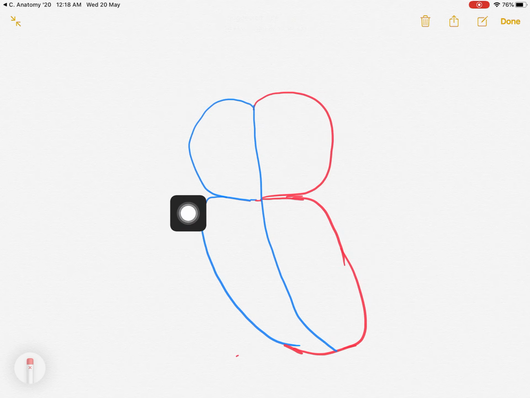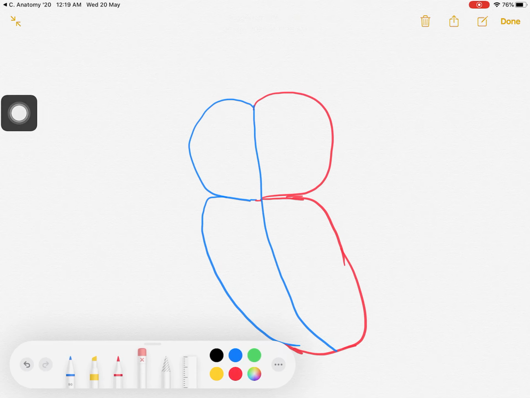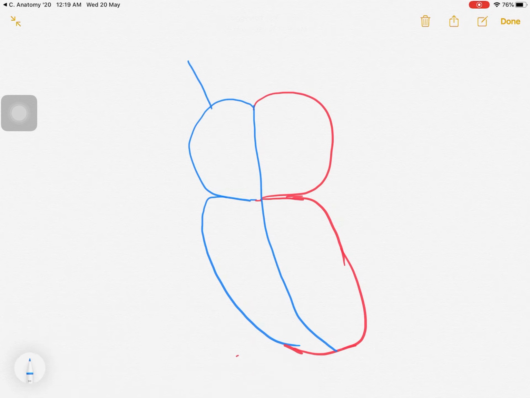Because the right heart circulates the deoxygenated blood, that is, blood from all parts of the body comes through this superior vena cava. There is a big blood vessel that is called the superior vena cava. And this is the inferior vena cava, the IVC.